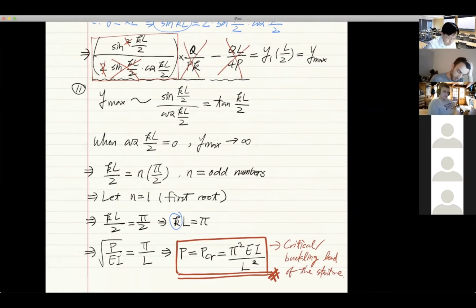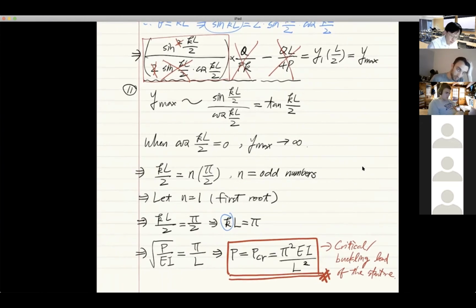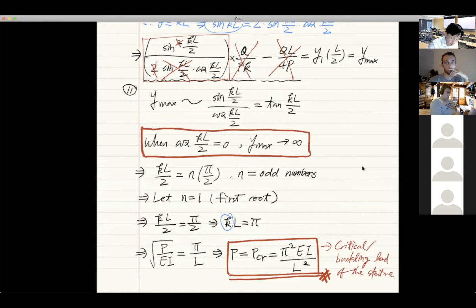Now here, the key condition that we use in finding this critical load in this problem is to let the deflection approach infinity. Remember I said last week there are 3 different conditions we can use in finding the critical load.